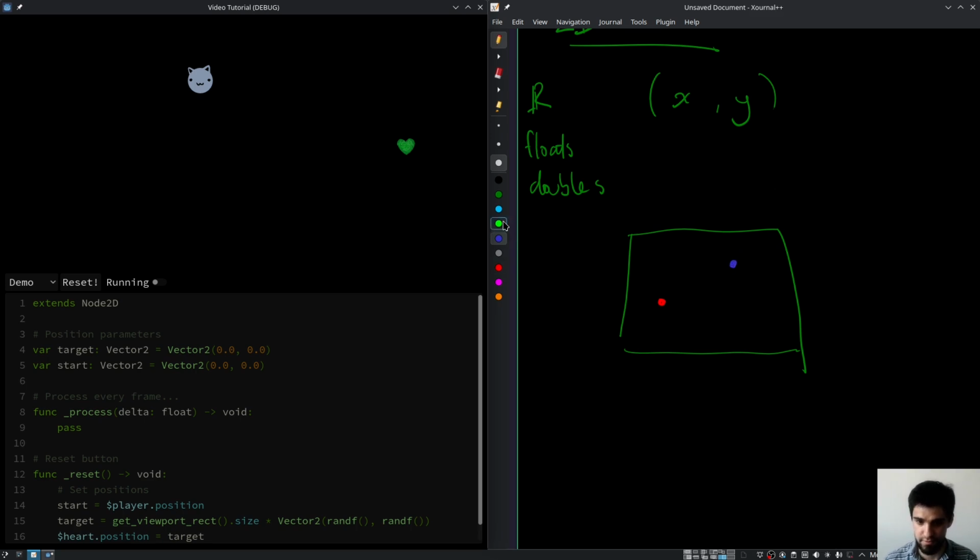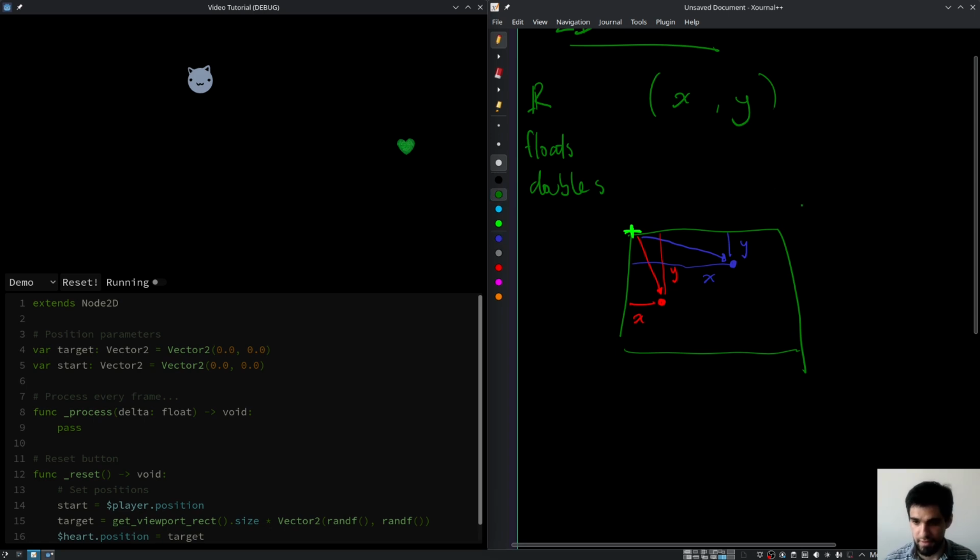What's really happening is that we have an origin in our canvas, our 0, 0 point, and we're thinking about the blue point as this distance from here to here, and the red point as this one here. So this would be the x value, this would be the y value, and this would be the x value, this would be the y value.